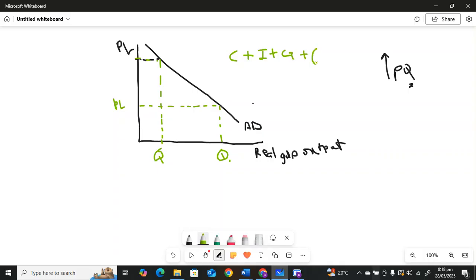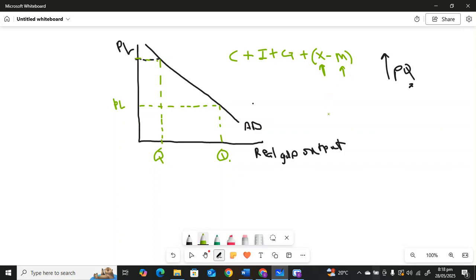And finally, foreigners through exports. If foreigners are buying our goods, aggregate demand for our goods increases. This X represents exports, this M represents imports.